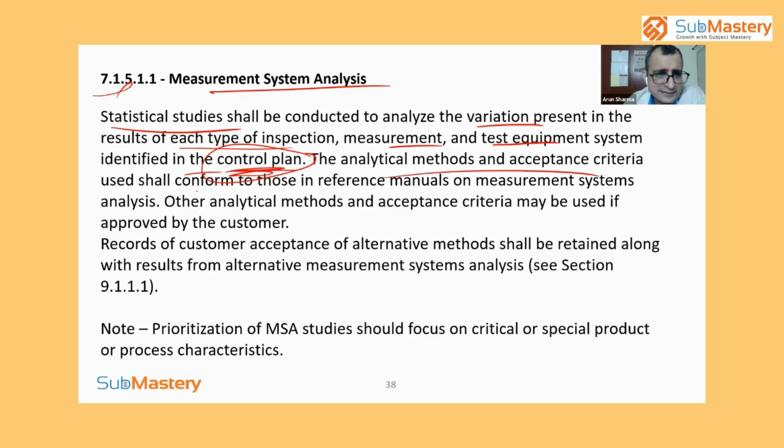The analytical method and acceptance criteria used shall conform to those in the reference manual on measurement system analysis. The reference manual is from AIAG, Automotive Industry Action Group, and IATF does recommend that. There you can see what is acceptable and what is not, like GRR less than 10% acceptable, 10 to 30% conditionally acceptable, more than 30% not acceptable.